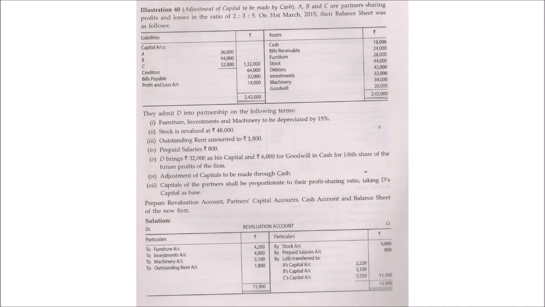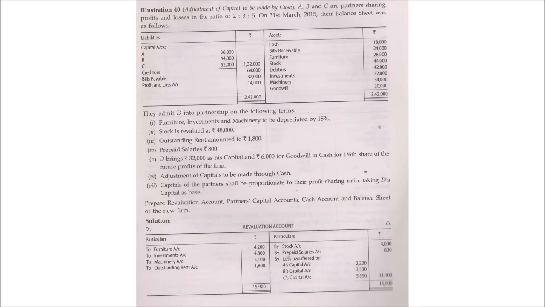The value given in the question is 28,000. 15% of 28,000 is equal to 4,200. Next asset, investment. Amount given in the question is 32,000. 15% of 32,000 is equal to 4,800. And machinery, 34,000. 15% of 34,000 is equal to 5,100.